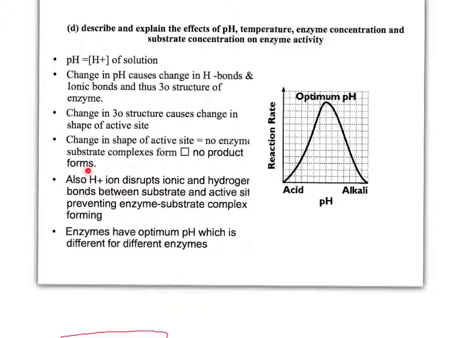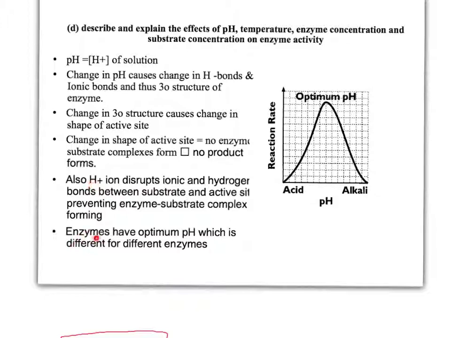So that explains why there is a decline in the activity of the enzyme. The other factor is that hydrogen ions can also disrupt the ionic and hydrogen bonds between substrate and active site.